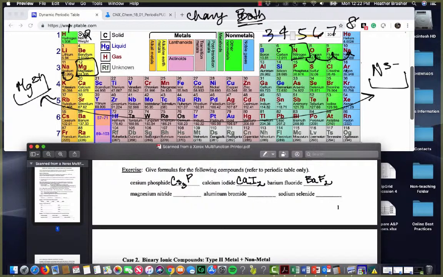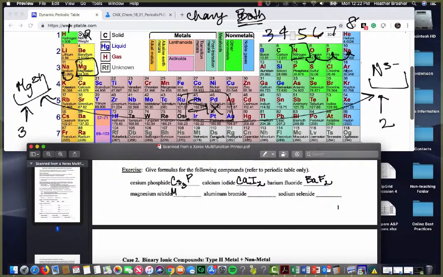And you might be telling yourself 6. Hopefully that's what you're saying. So these both, if they equal 6, will be the same. So for magnesium, how many of these do we need, 2 times what to equal 6? 3, right? For the nitrogen, we need 3 times what to equal 6? 2.